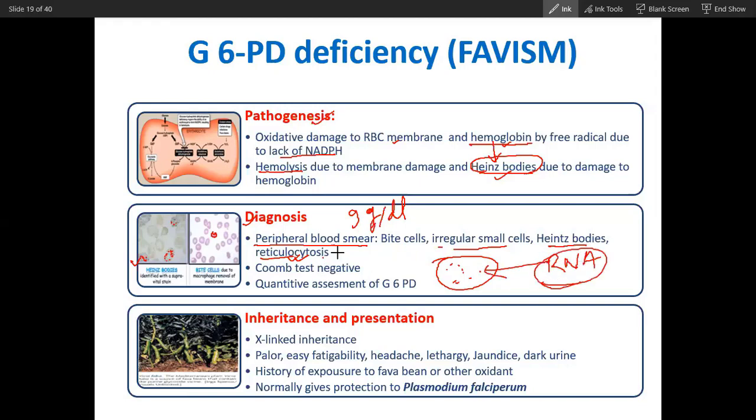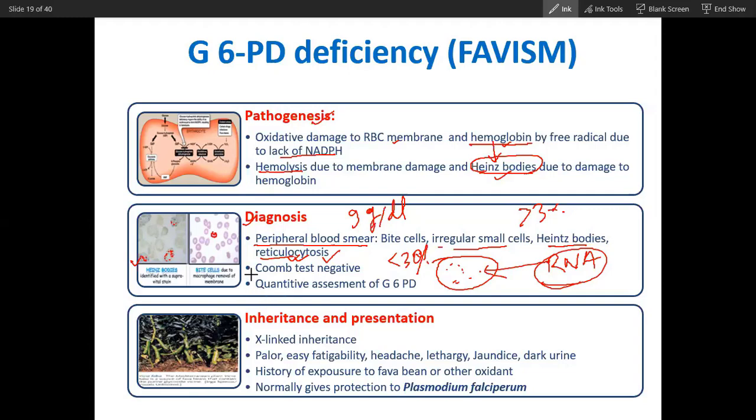So you can see many reticulocytes. The reticulocyte count is generally less than 3%, but here it can be above 3%.